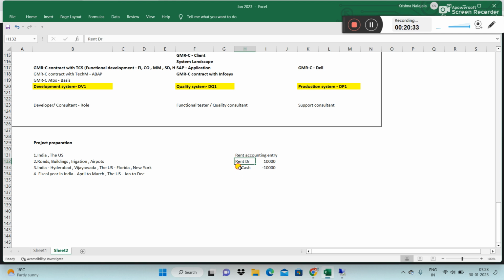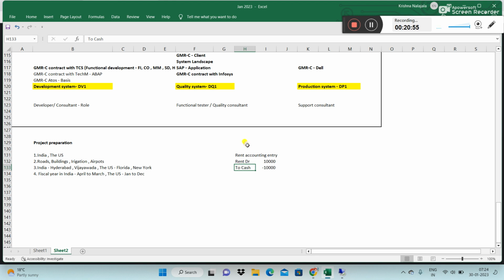But in a simplified way, this is a general ledger GL account, right? You heard it in your academics. General ledger is nothing but GL accounts. Rent is one GL account, and cash is one GL account.